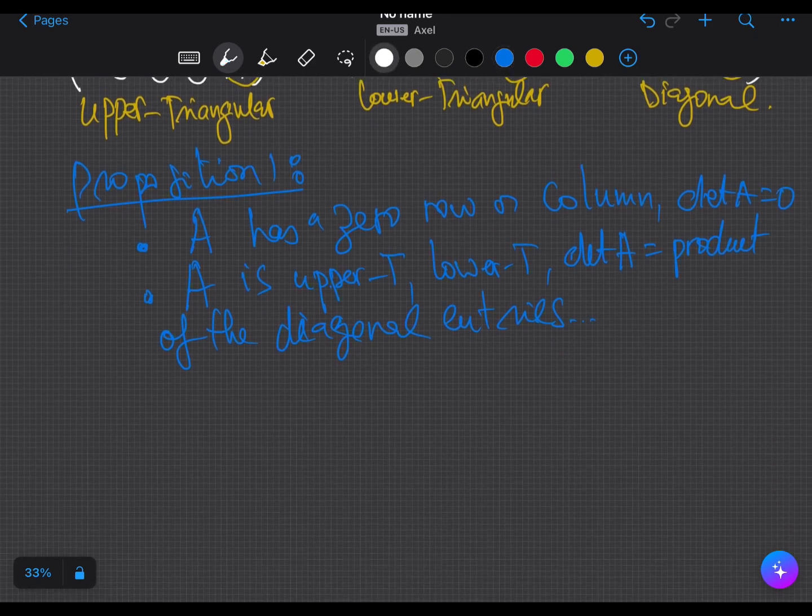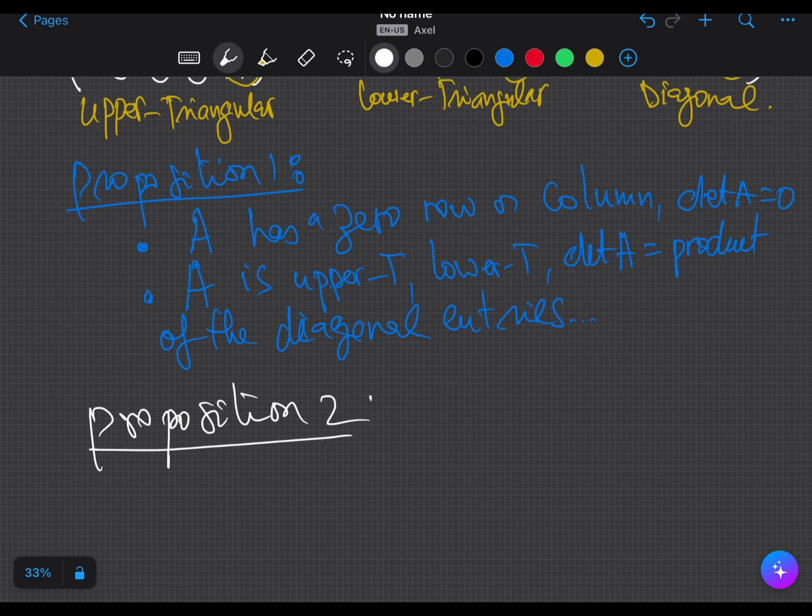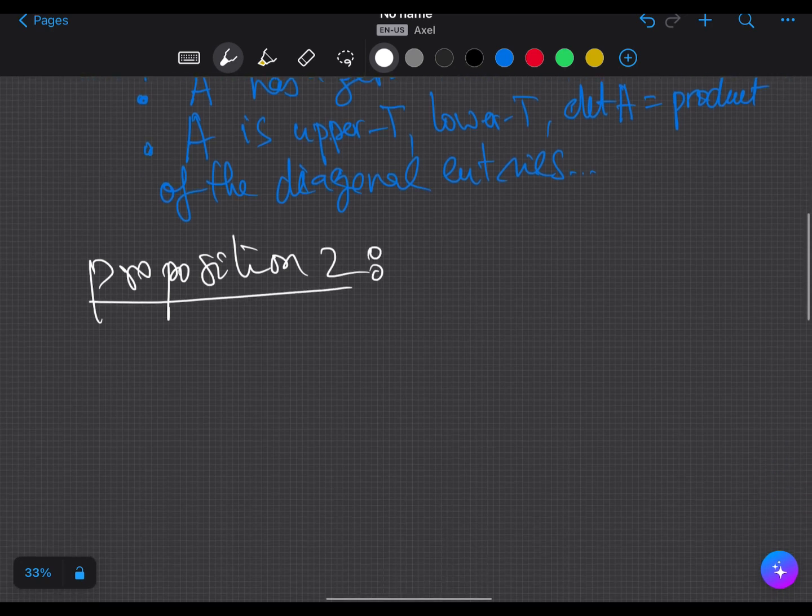Therefore we can have another proposition, and this is good for you to know, and it's very important.